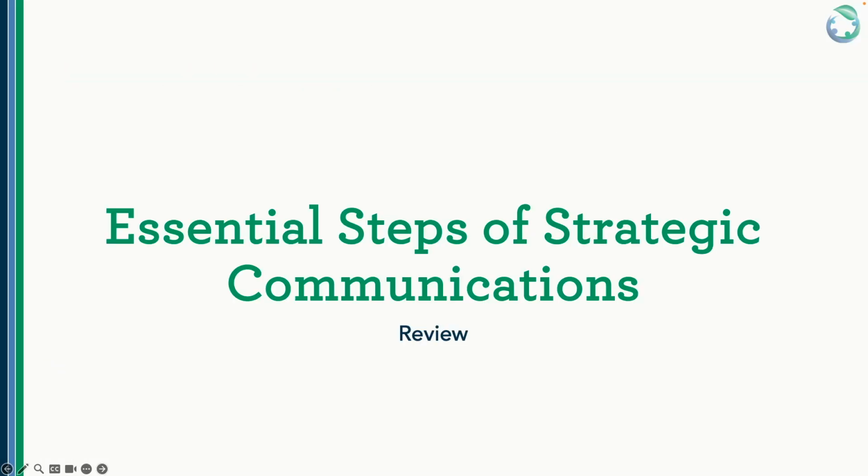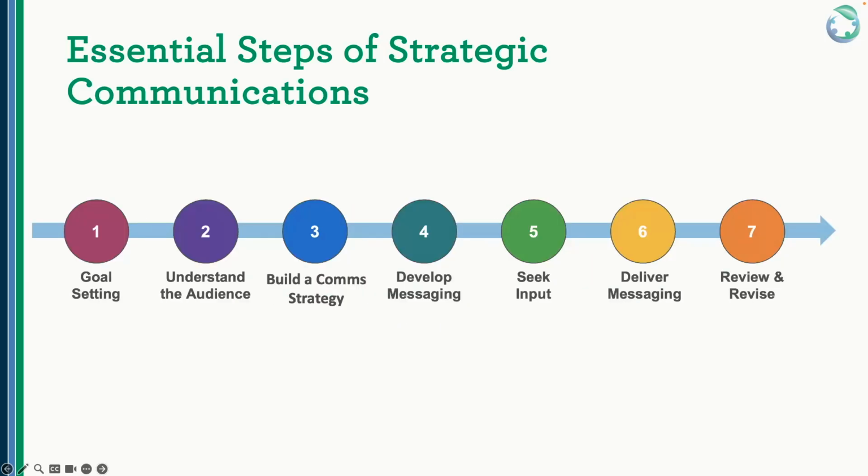Let's take a moment to review the essential steps of strategic communications. Here are the essential steps of strategic communications. In our previous lessons, we explored steps 1 through 5 of the essential steps of strategic communications for rural public health communications. Let's briefly revisit these steps and the lessons where we covered them so we have a strong foundation moving into today's content.